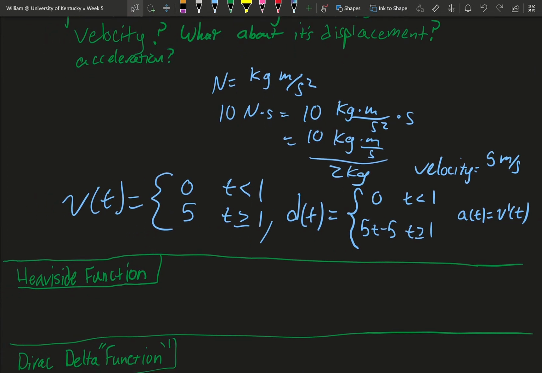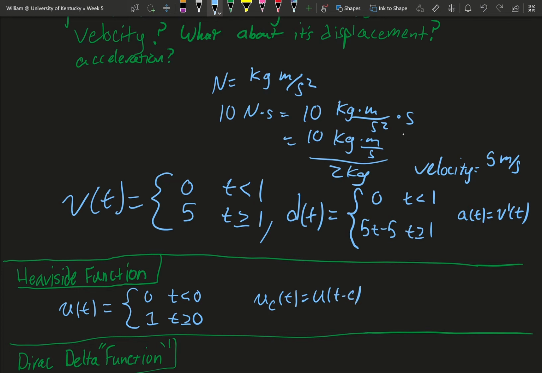Okay, so a lot of this stuff has a special name. The Heaviside function is the function where for t less than 0, we're at 0, and for t greater than or equal to 0, we are at 1. A lot of times we will use u subscript c to mean u of t minus c.